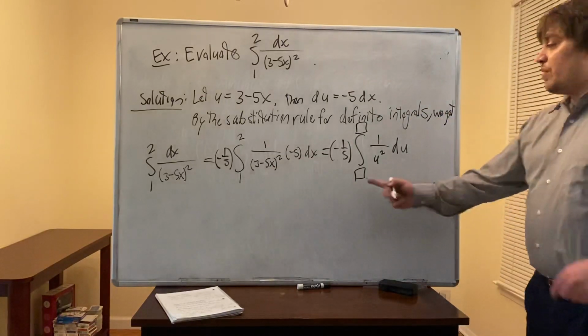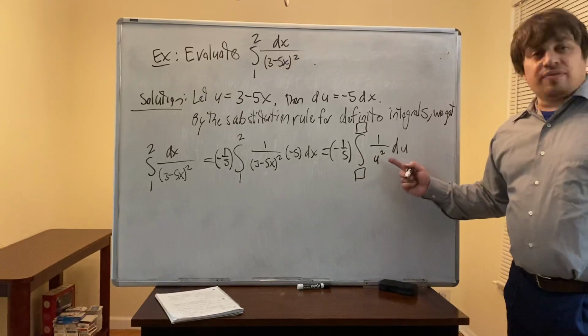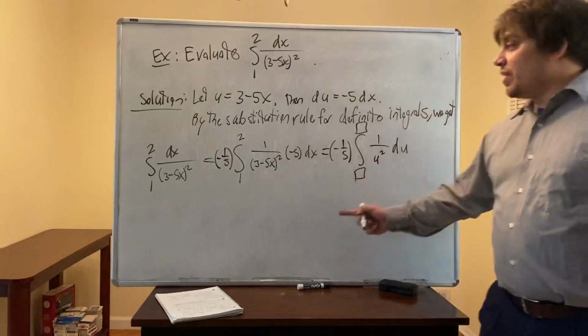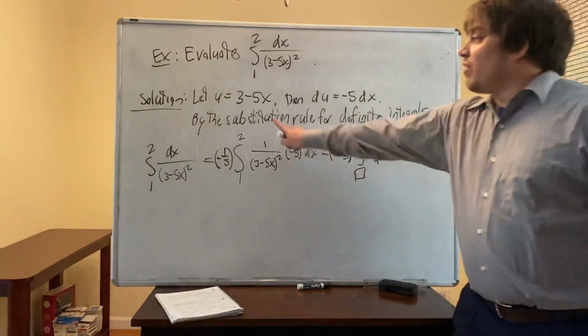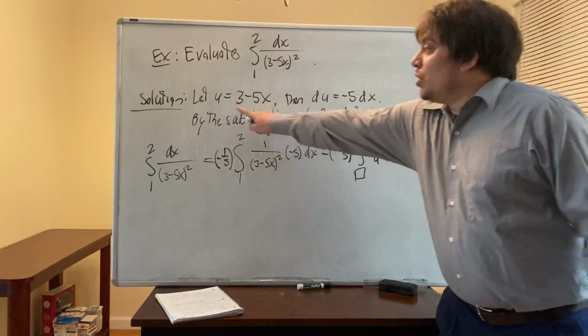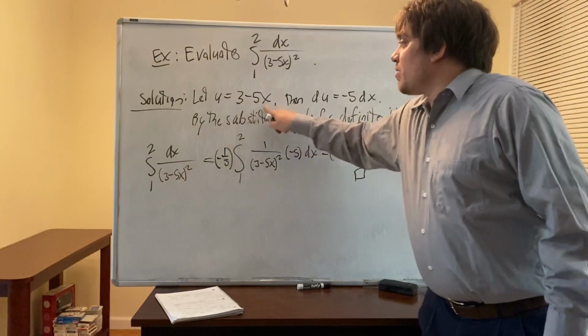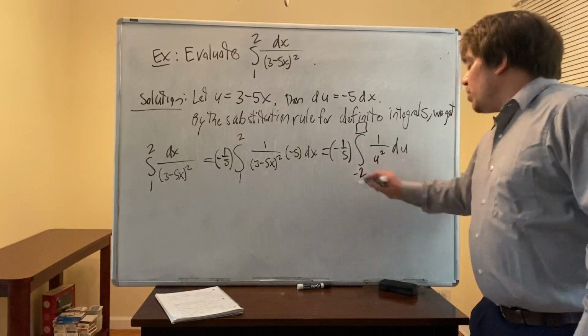The value I put here is the value for u, because that's the variable I'm using here. It's the value of u given that the value of x is 1. So if x is 1, u is 3 minus 5 times 1, which is negative 2. And so a negative 2 goes there.